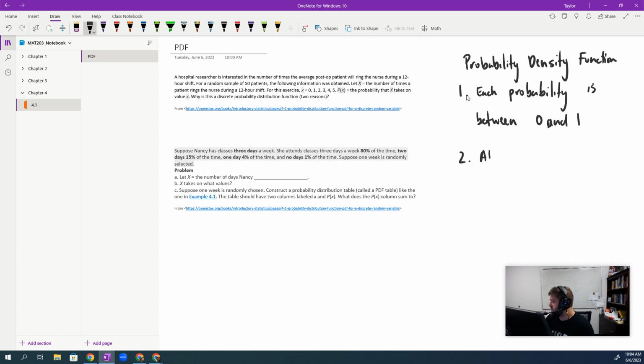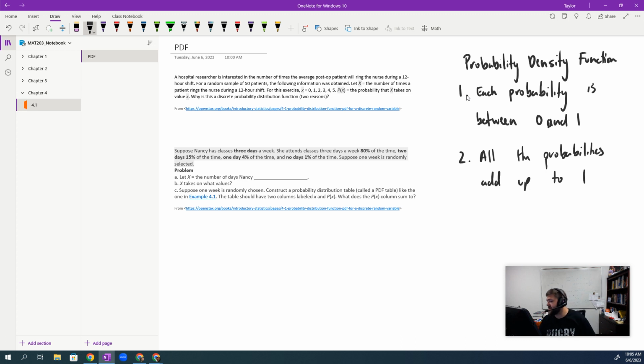And all the probabilities add up to 1. So if you take all of the values that the variable can take on, their associated probabilities need to add up to 1.